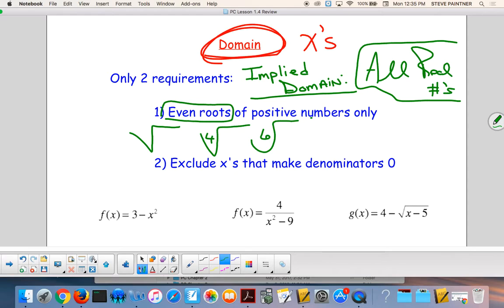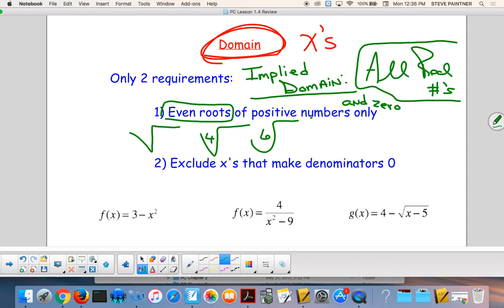Even though it says that, it's not true. You can't take an even root of negatives, no. Zero. It should have said and zero, because what's the square root of zero? Zero. What's the fourth root of zero? Zero. So you can do it.